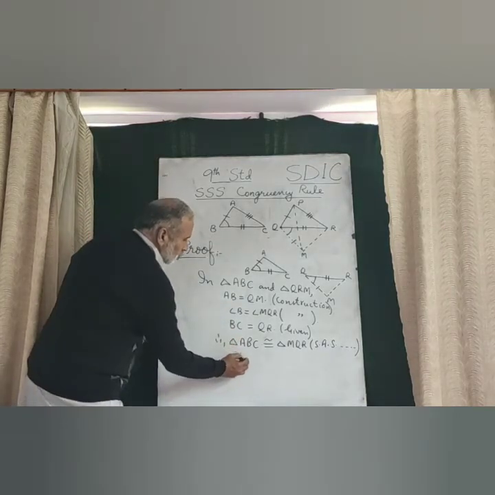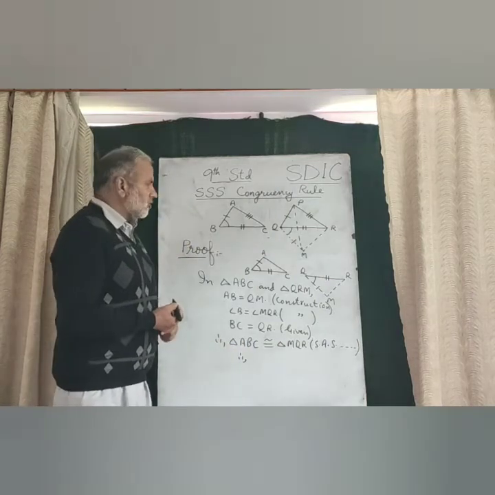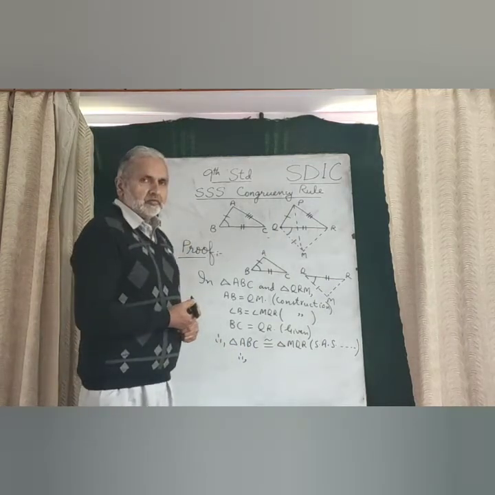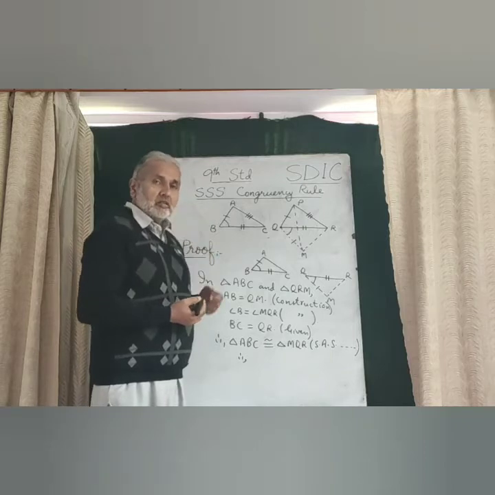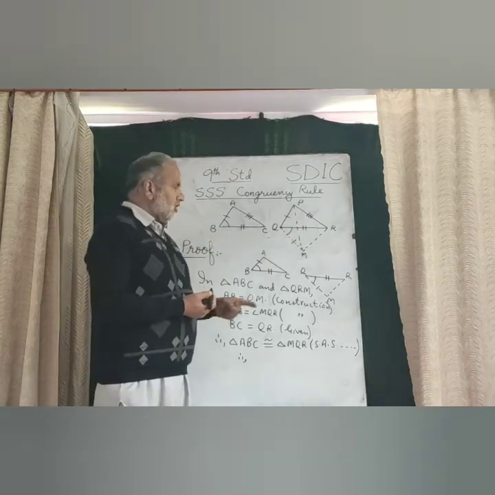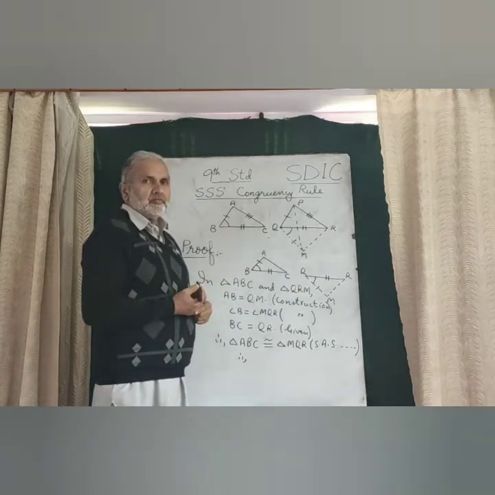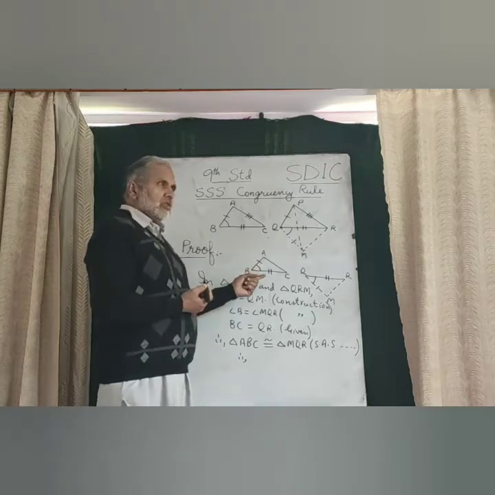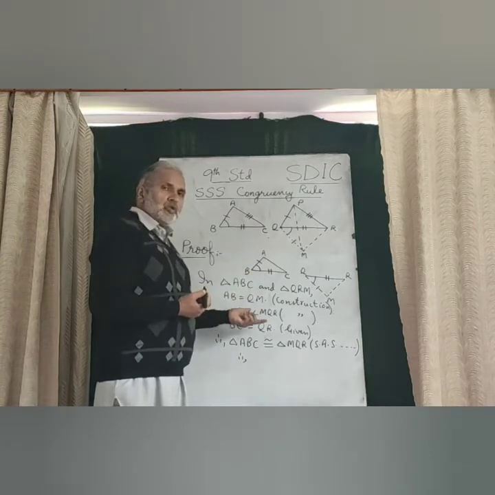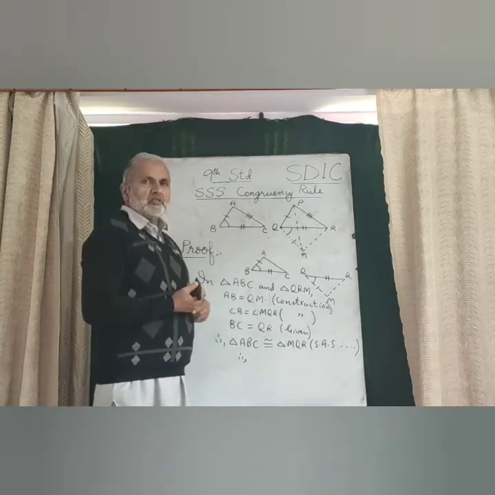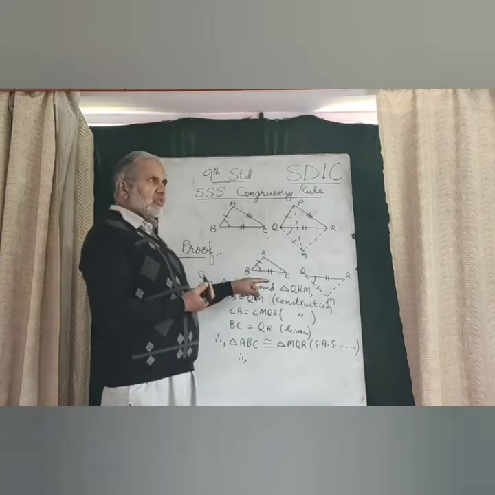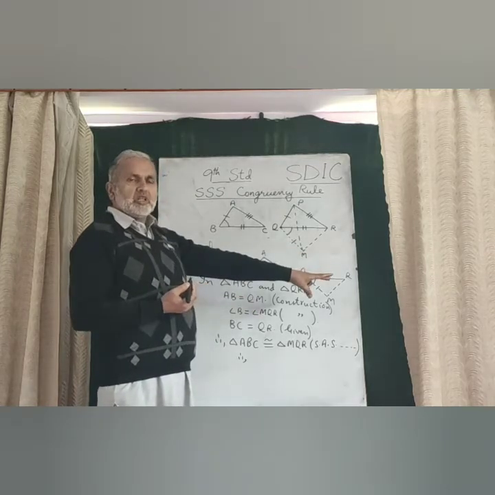Therefore, knowing these two triangles are congruent, now we'll apply CPCT. Earlier, you were told the congruency of triangles we prove by using three elements as per some rule. Then, out of using those three elements, we have three more elements. Those three remaining elements of first triangle will be equal to the three corresponding elements in the other triangle.